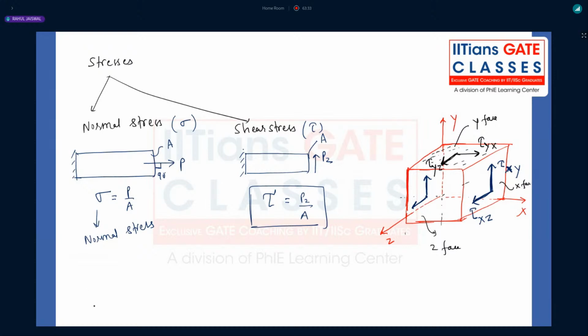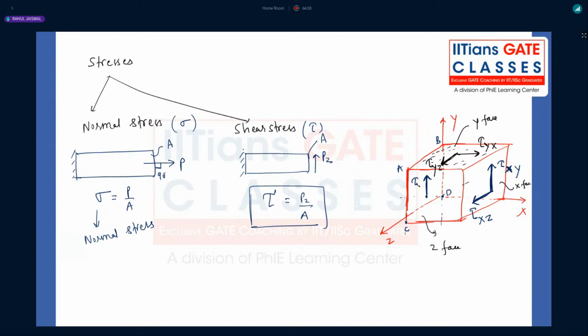What will be the direction, my dear friend? On which face? Actually, when you see that it is acting on the A, B, C, D plane, this tau is acting on the A, B, C, D plane, right? Now tell me, on which face is it acting? On the negative x face, right?